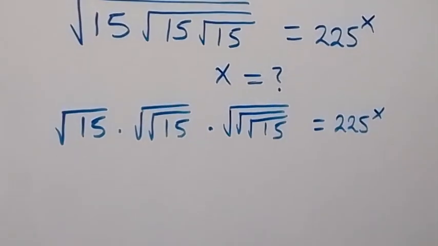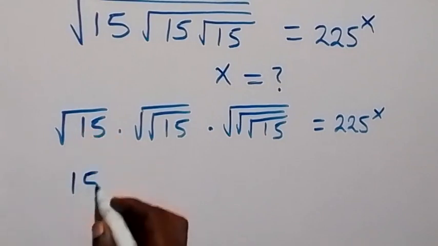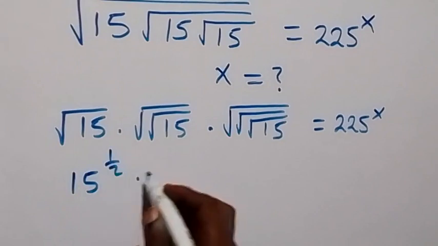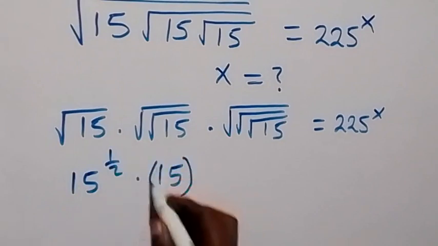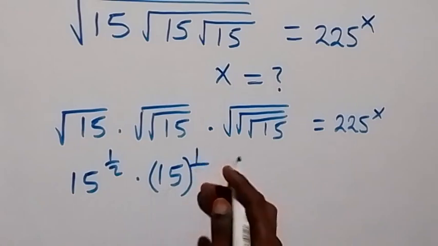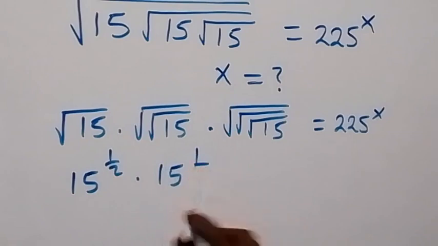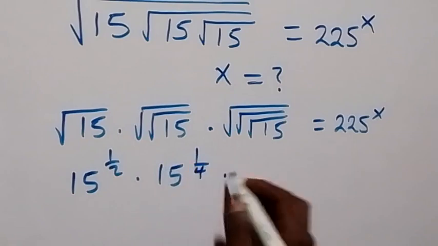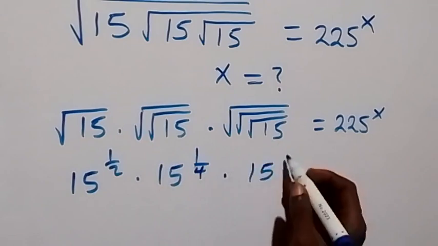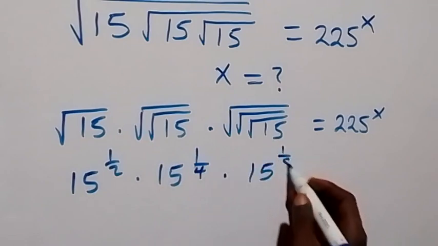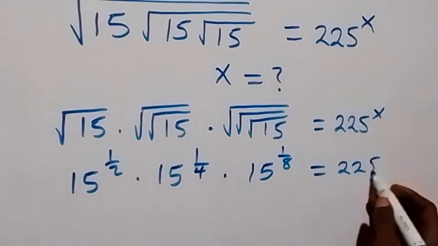Then here, this square root is raised to power half, so we have 15 raised to power half, then times 15 raised to power 1 over 4 now. Then times here, that's half in 3 places, that's 1 over 8 now, equals 225 raised to power x.